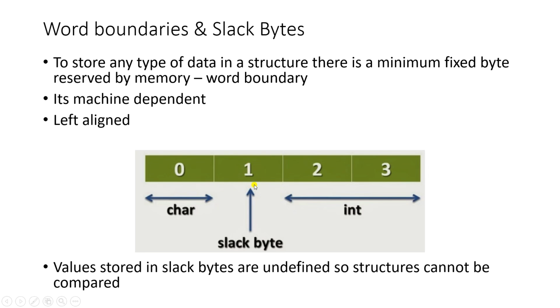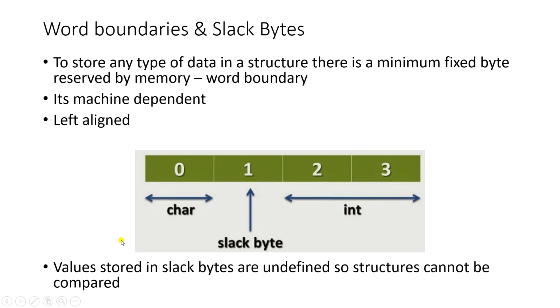This is called the slack byte, because the minimum space for storing a structure element is 2 bytes. Here we are using 1 byte for storing the character, the other byte is left behind, that is called the slack byte, and then the next 2 bytes are used for storing the next integer. So the fixed minimum bytes reserved by memory is called the word boundary, and this is how it is done.